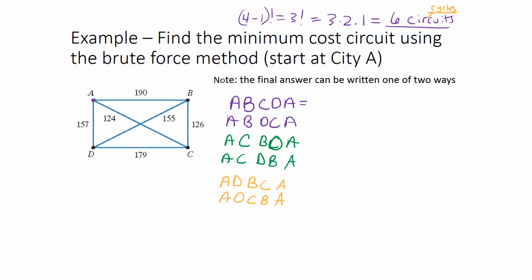So the first one's A, B, C, D, A. So that's 190 plus 126 plus 179 plus 157. Probably good if you use a pencil in your lecture notes, because then you can erase it after you've found the cost. For that one, I get 652.